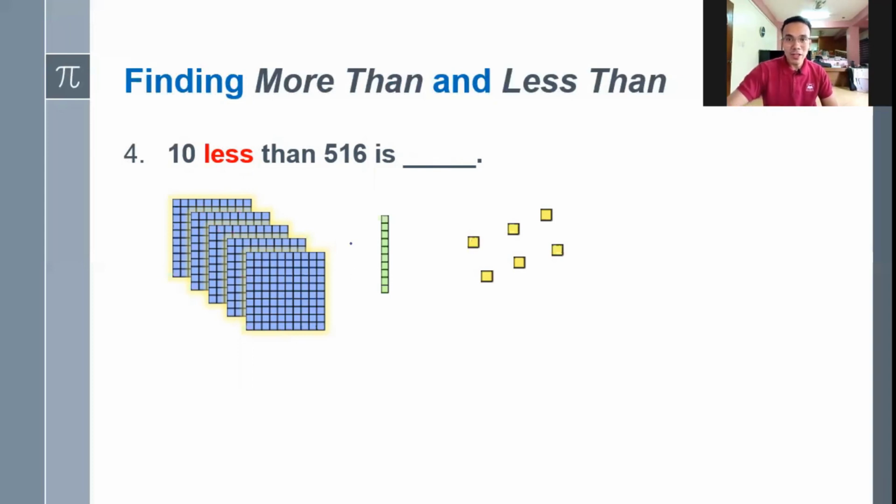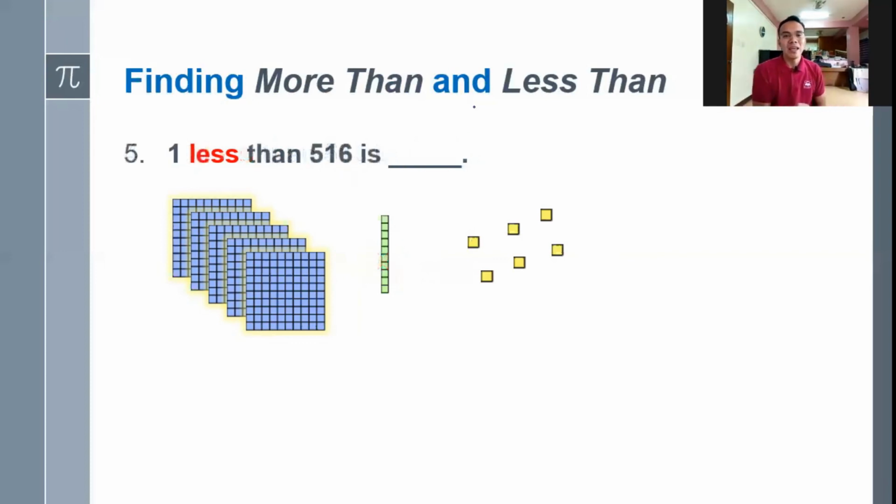Okay, we're just going to cross out 1 ten. So from 1 ten, this now becomes 0, right? We don't have 10 anymore. So the number is 500, no more 10, so that's 0. And how many ones? 6.